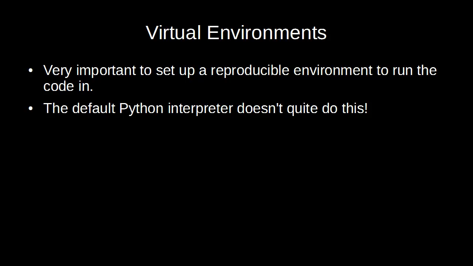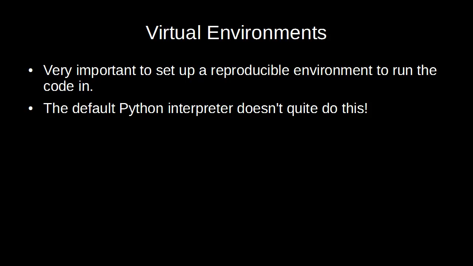Now, the way this problem was solved with this project was basically by setting up a virtual box or a virtual machine on the server, and just leaving Python 2.5 on there and not touching it.